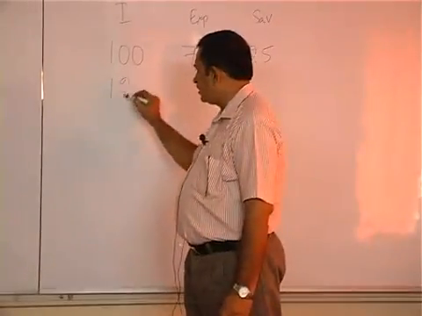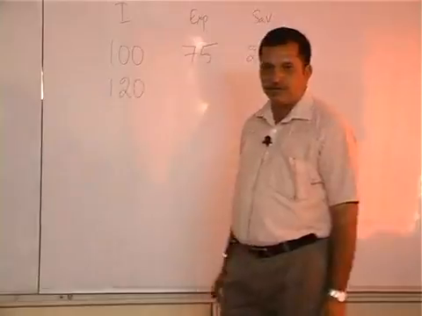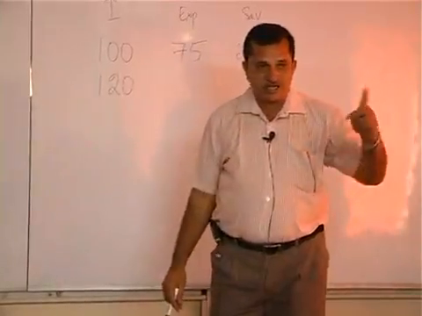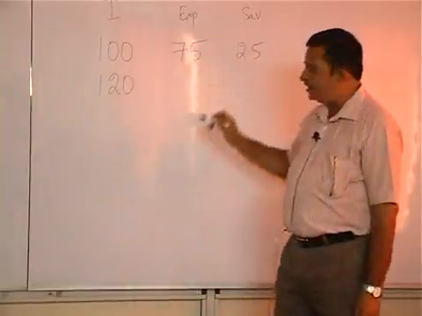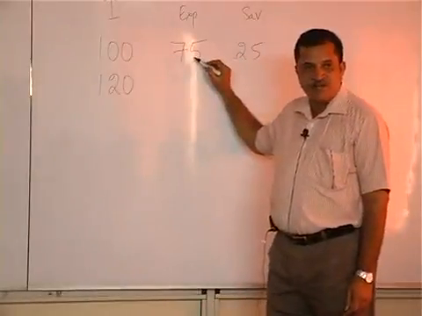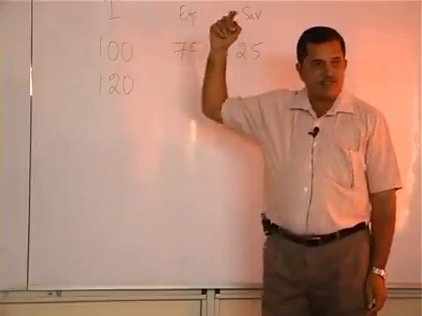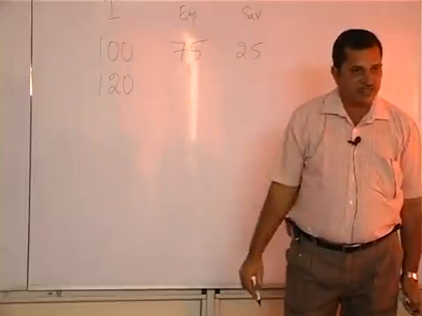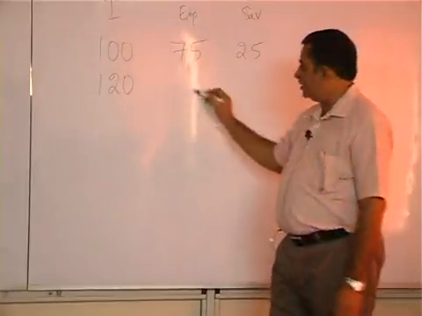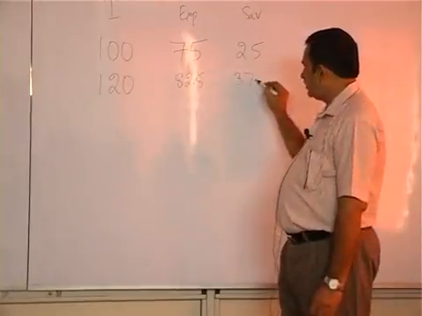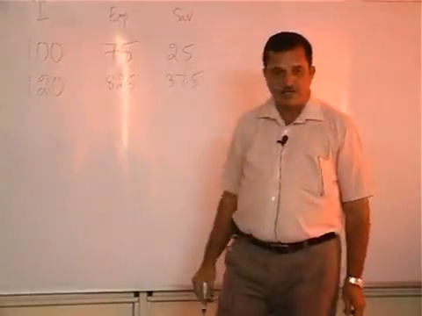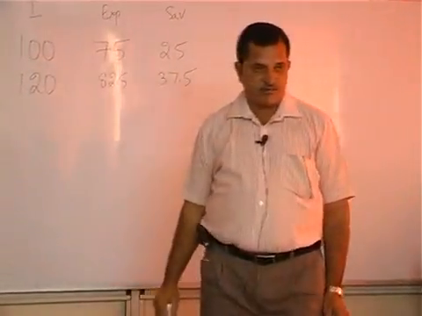How much? 120. She increased her expenses by 10%. Don't put 85. Previously her expenditure was 75. She increased 10% means 10% of 75 increased. 7.5. 82.5. How much now she is saving? 37.5.